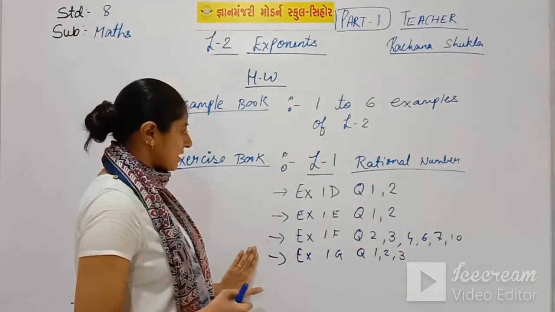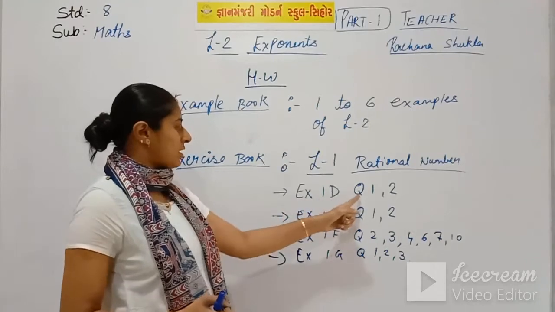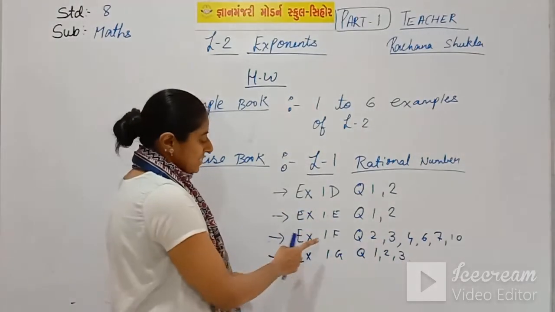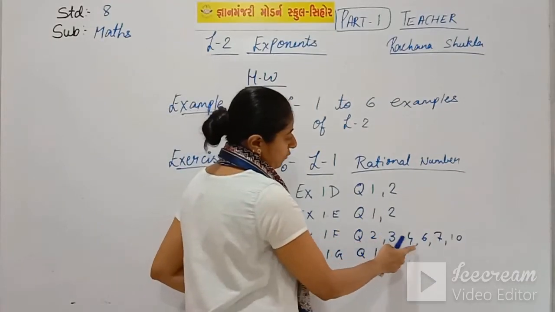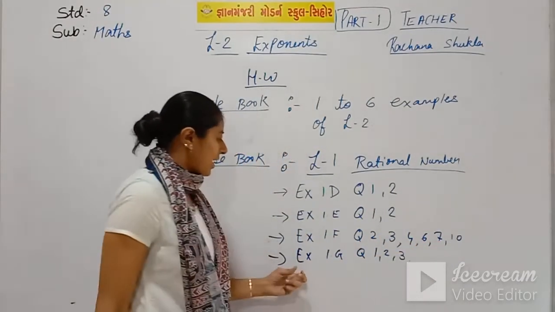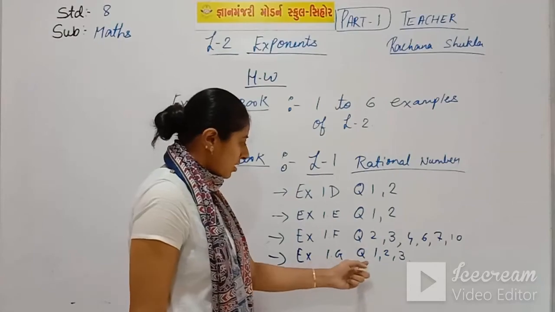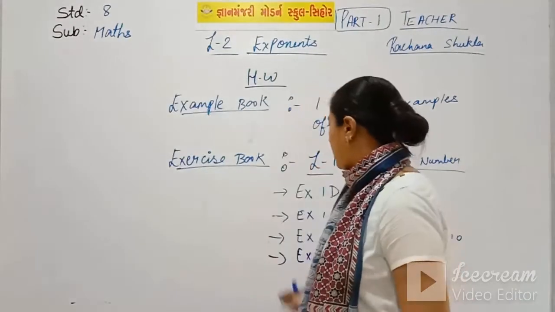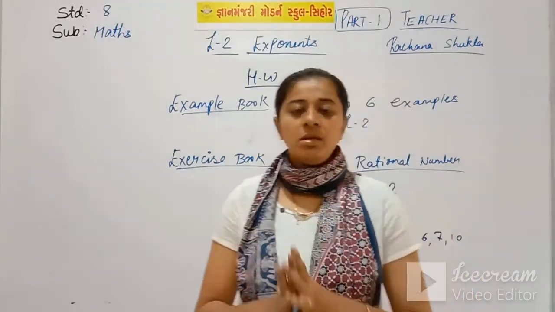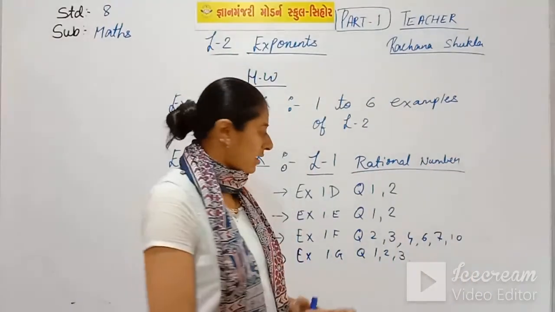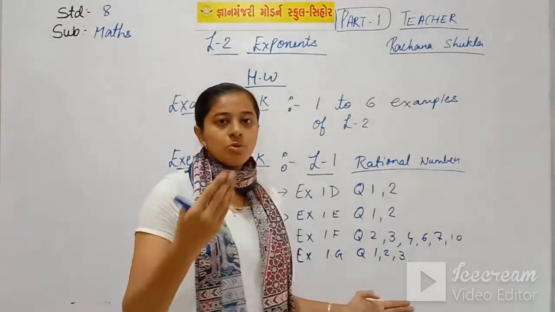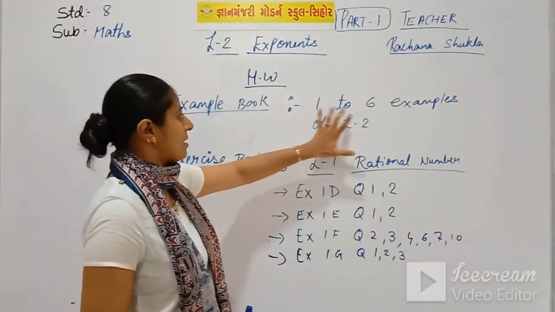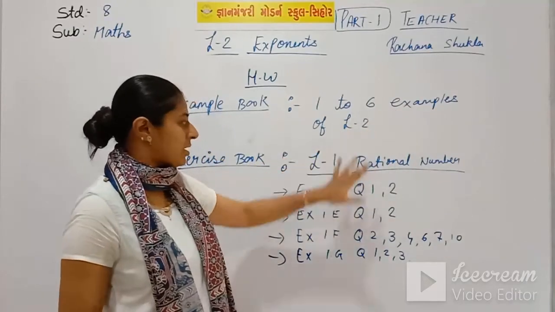First complete exercise 1D, question 1, 2, exercise 1E, question 1, 2, exercise 1F, question 2, 3, 4, 6, 7, 10 and exercise 1G, question 1, 2, 3. This is your homework. Click photos in your WhatsApp group and send them to the particular number, and also the examples, example 1 to 6 of lesson number 2.